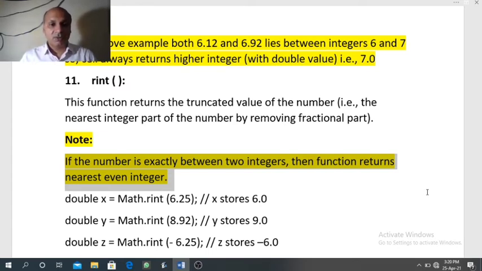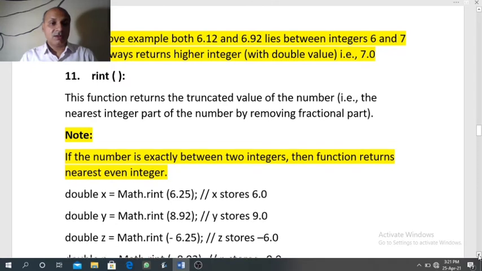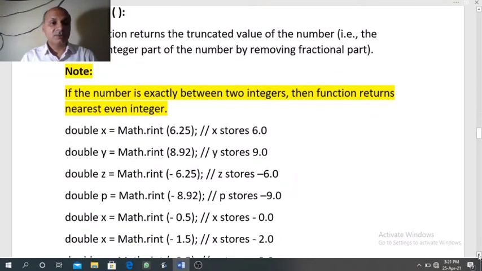In case of round, if the number is exactly between two integers, then we will get the answer in higher integer. But in case the number is exactly between two integers and we find the rint value, then always we will get nearest even integer. Now with example it will become more clear to you.